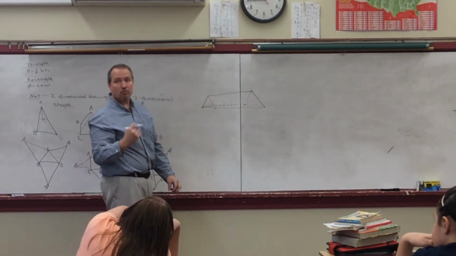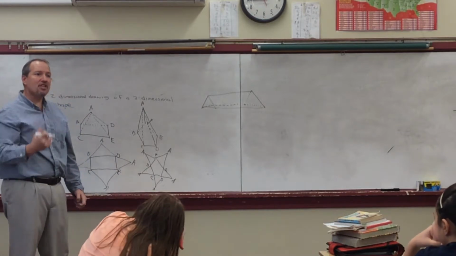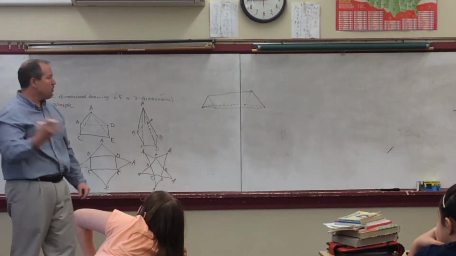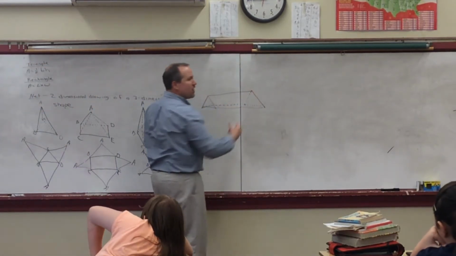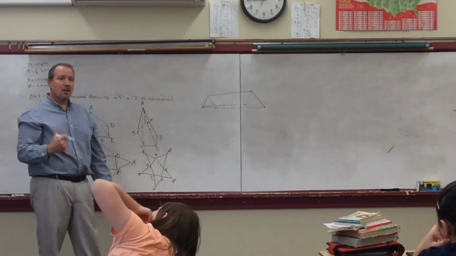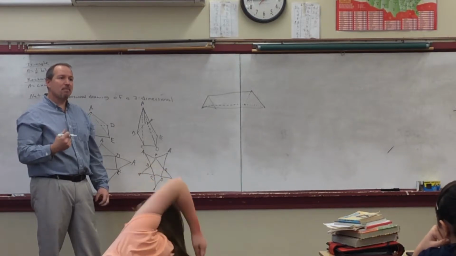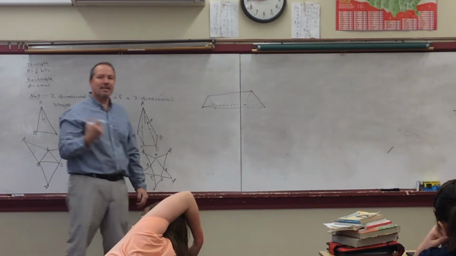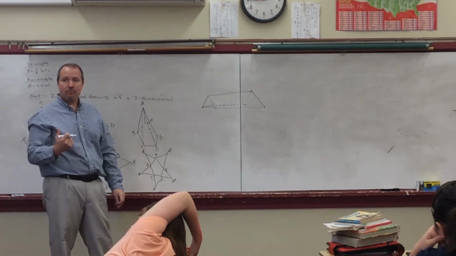You have three rectangles. Now, what shape's not a rectangle? Triangle. And how many are there? Two, because these are what we call bases. You have two bases. Okay, once again, prisms are named by the shape of the base. The base is a triangle, so it is a triangular prism.